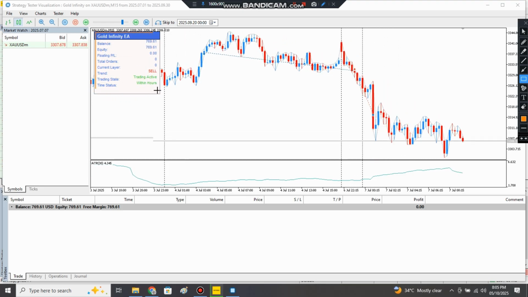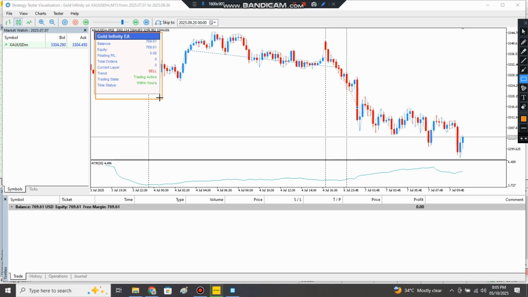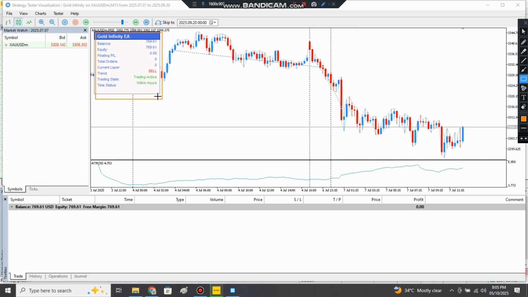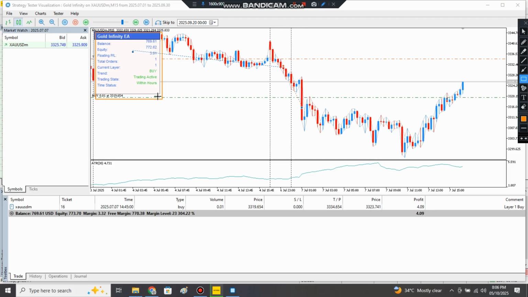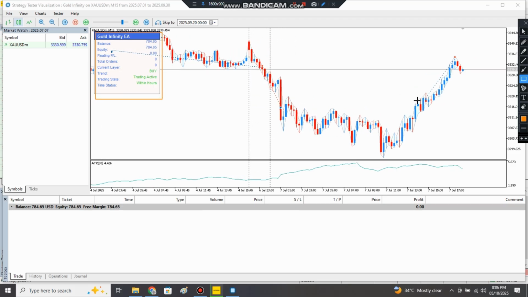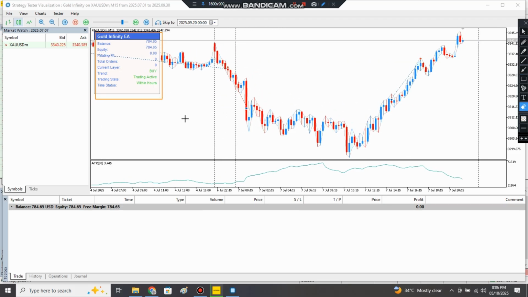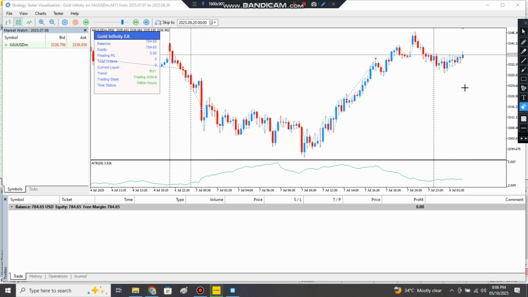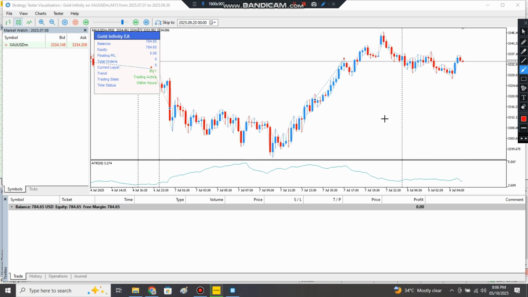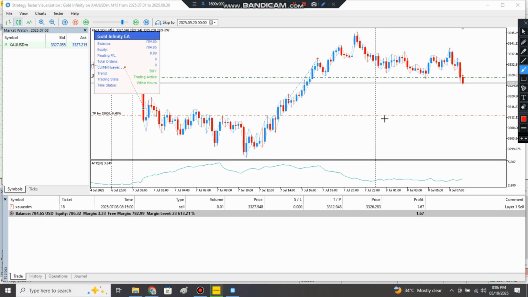How many truly show you what they claim to do? Gold Infinity EA was created to break that illusion. It was built not for marketing hype, but for real performance. It's based on real data, tested with real ticks, and designed to behave exactly the same way in the live market as it does in backtesting.